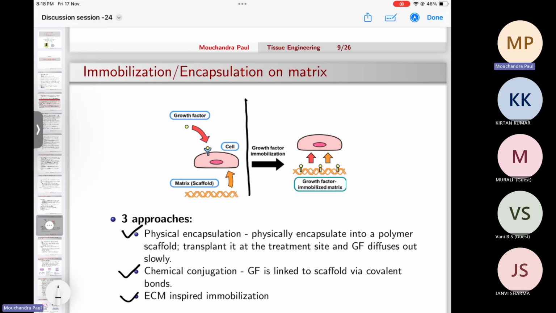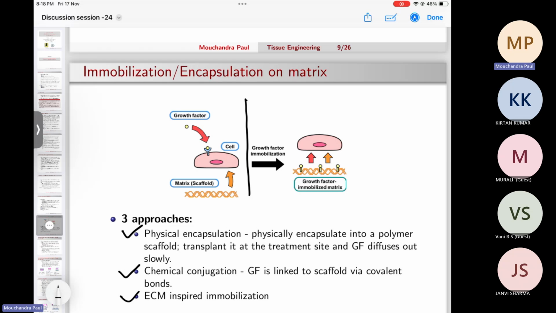And the third approach is to take inspiration from the native ECM structure. That means you try to mimic that ECM structure and use the knowledge of how growth factors are distributed on the ECM. In that way, you distribute your growth factors into your artificial ECM, that is your scaffold.